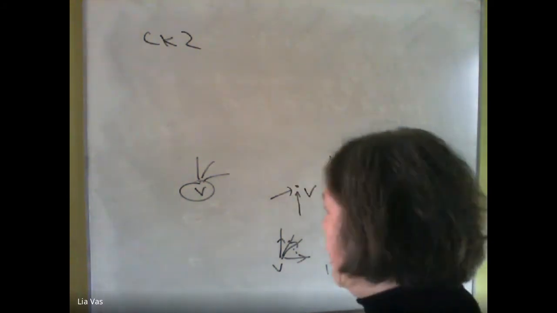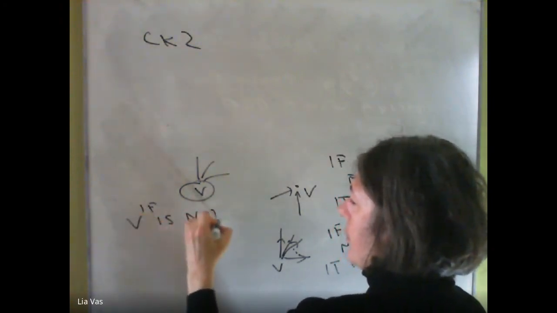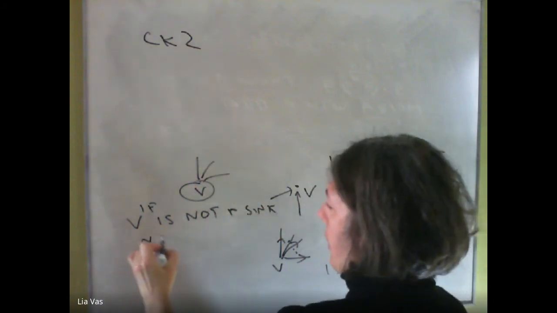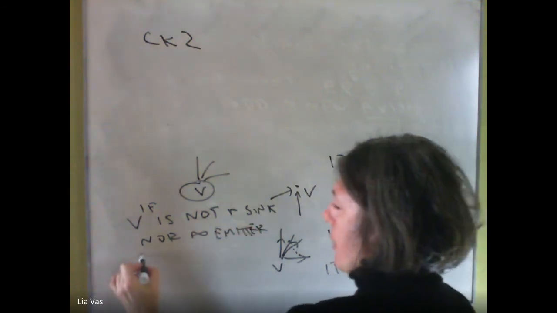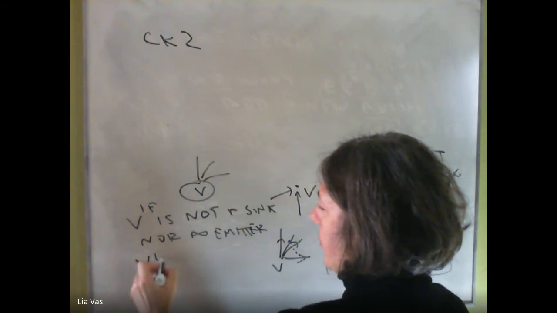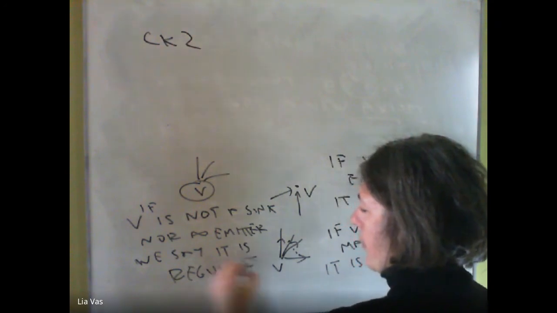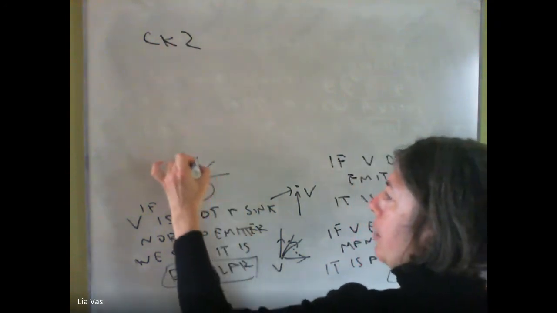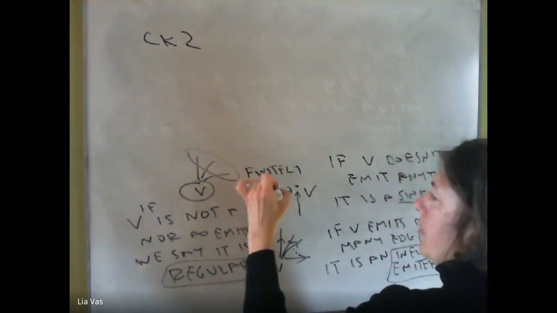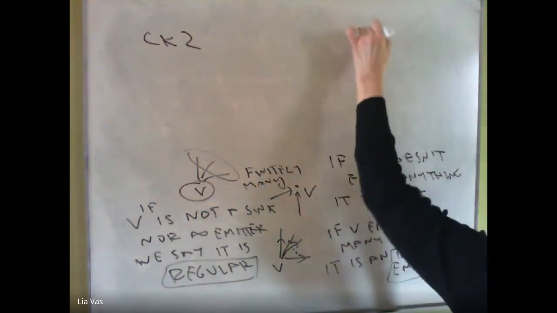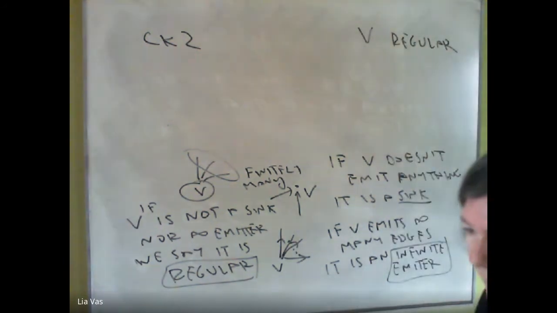And if V is not of this sort, so if V is not a sink, nor infinite emitter, we say it's regular. And that means that V emits finitely many edges. So Ck2 is only for regular vertices.